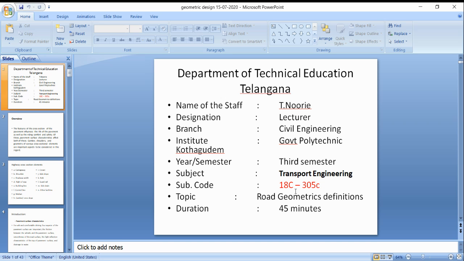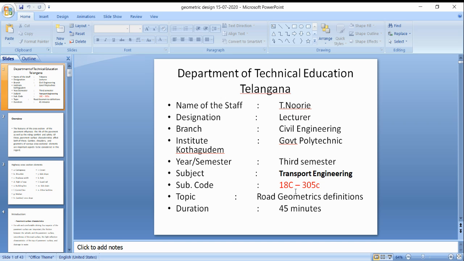So it should be smooth and stable, drain off rainwater easily and fast, and give strength to the road structure. These are the main functions of the wearing course.